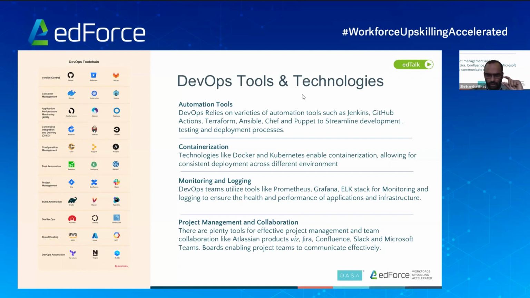We talked about communication and collaboration as important aspects of the DevOps culture, where tools like Jira, Confluence, Microsoft Teams come into the picture and help you maintain collaboration between the teams. It also helps in sharing, right?